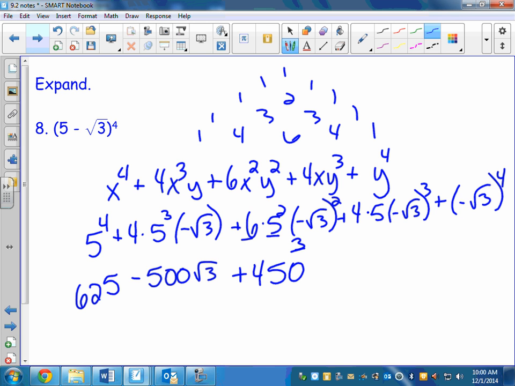What about this one? First of all, I'm going to go ahead and say it's a negative because I know it's to the 3rd power, so I have a negative left over. If I take the square root of 3 to the 3rd on my calculator, unless I have a fancy calculator, it's going to give me a decimal. I don't want a decimal. I want you to simplify it. Could you write this as the square root of 3 times the square root of 3 times the square root of 3?